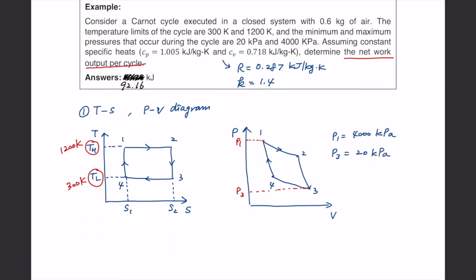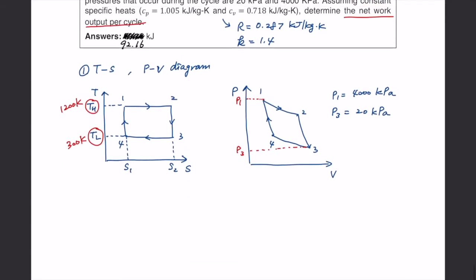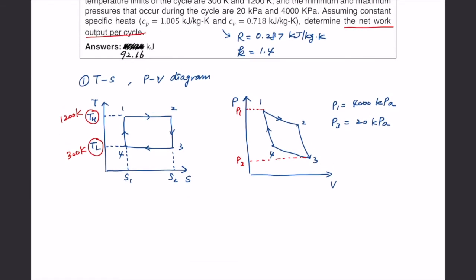Okay. Now, how can we calculate the net work output? So now let me just write it out as net work output for the Carnot cycle.